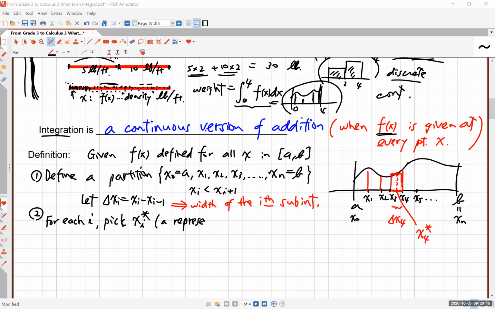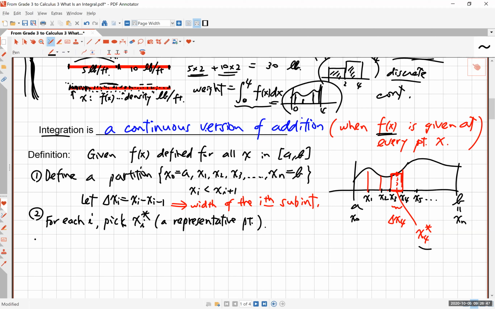You pick a representative from among those points on the interval, because your representative should represent your local district. And so you pick x4 star from the fourth subinterval. And because representatives are stars, we put a star in here. That's not true. Pick xi star from the ith subinterval, a representative point.